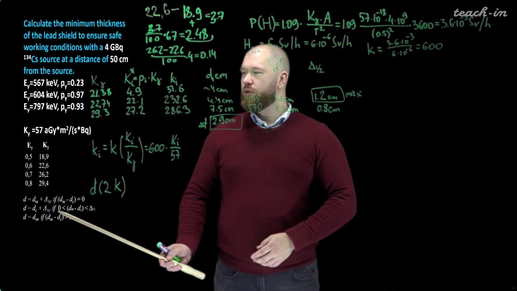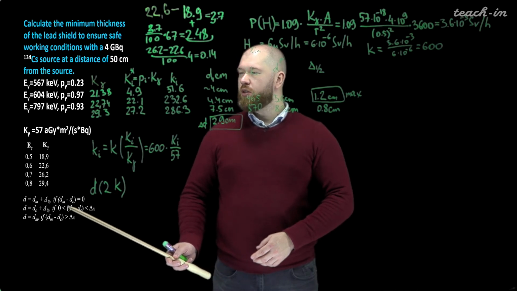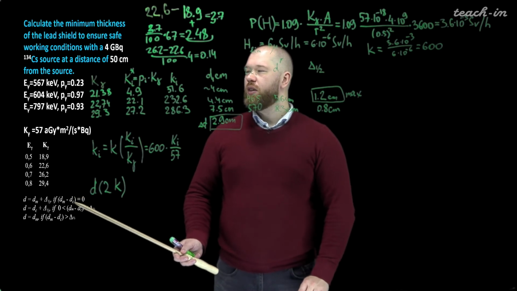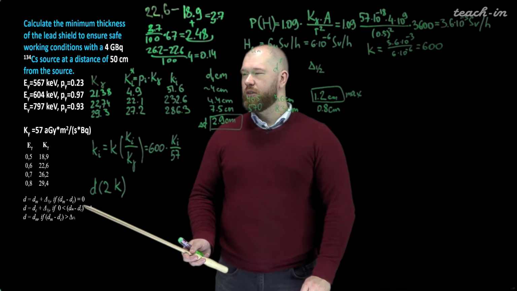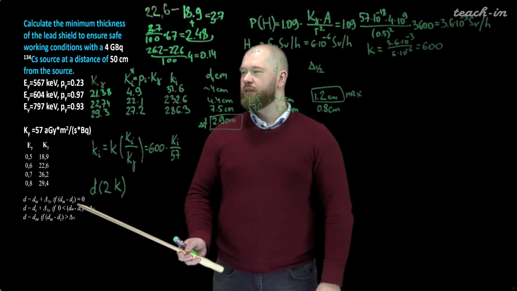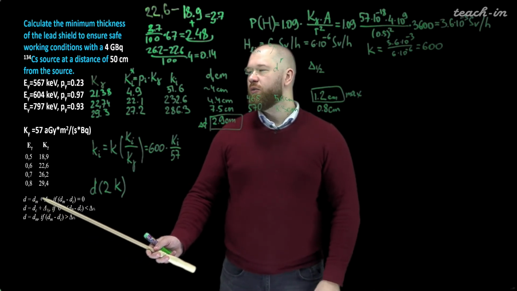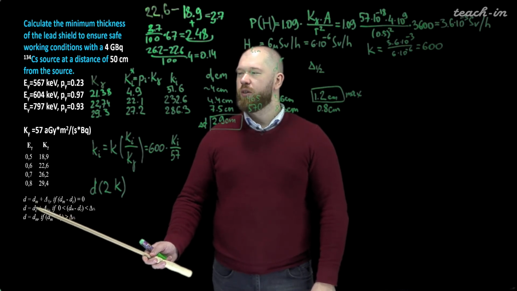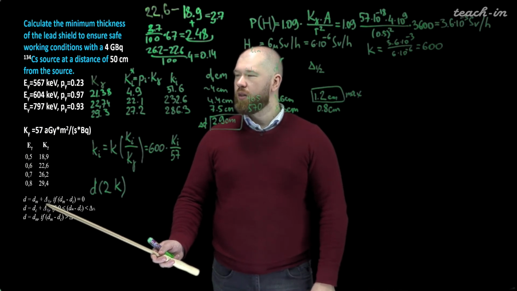And we should take these conditions. If the difference in D values for the main line and the competitive line is equal to 0, so they are the same, then the total thickness of our lead shielding will be calculated as the D value for our main line plus delta of the half attenuation.